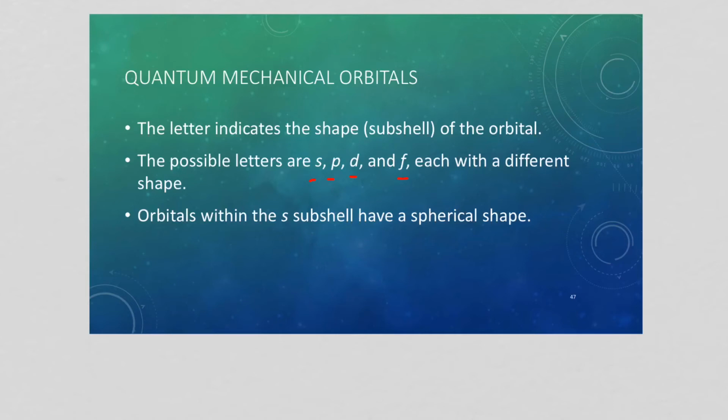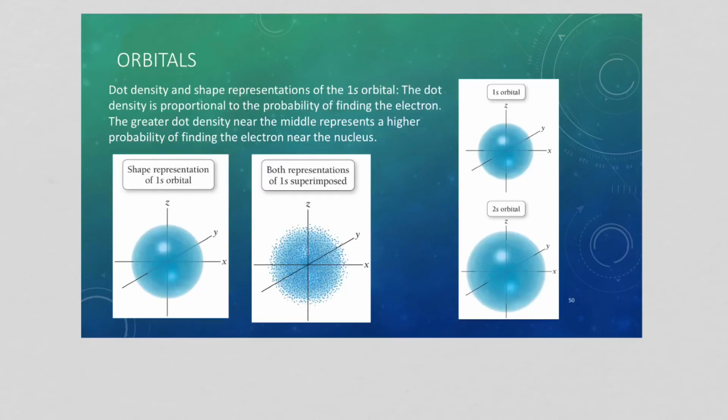Now, for example, we saw the 1s orbital. So orbitals that have an S connotation are spherical in shape. So if we look at a picture here, the 1s orbital might be represented something like this.